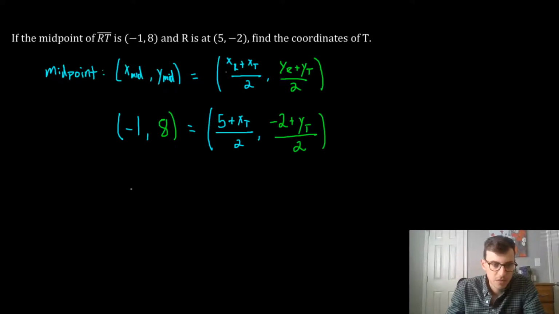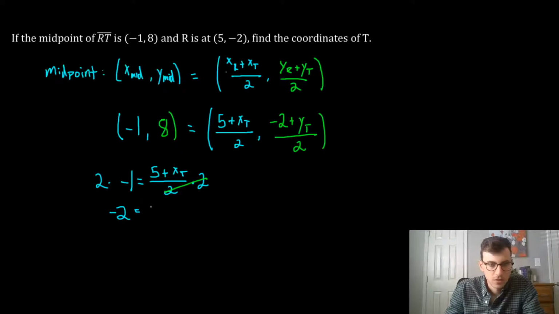-1 is my X midpoint, so -1 is equal to 5 plus the X coordinate of T divided by 2. So then let's multiply both sides by 2. -2 is equal to, those cancel out, 5 plus xt. Subtract 5 from both sides, and we get -7 equal to the X coordinate of T. Sweet.